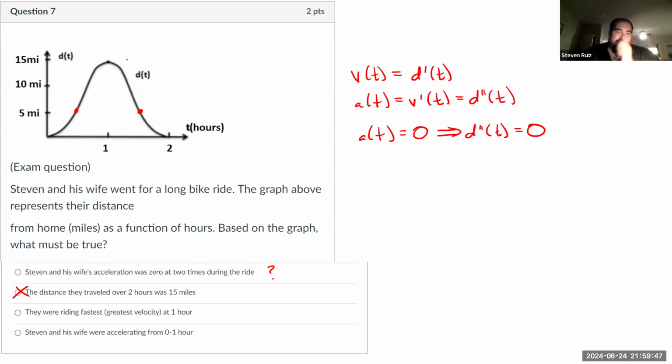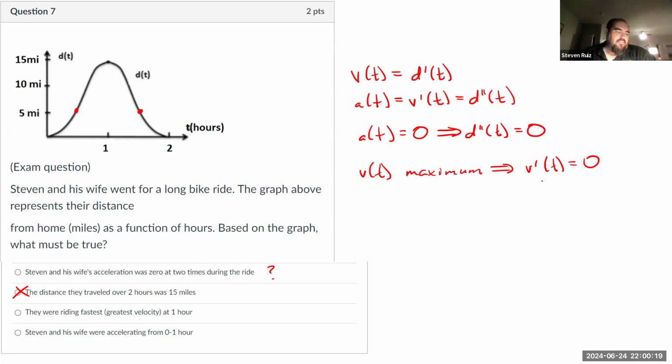What do we think about that? So where's my maximum velocity going to happen? Where is velocity going to be maximum? I believe that's going to have to happen where the derivative of velocity is 0.